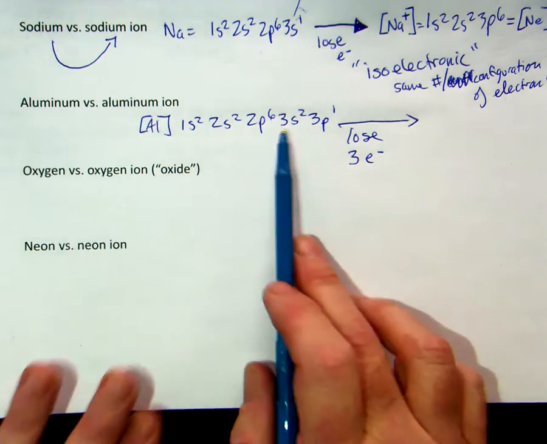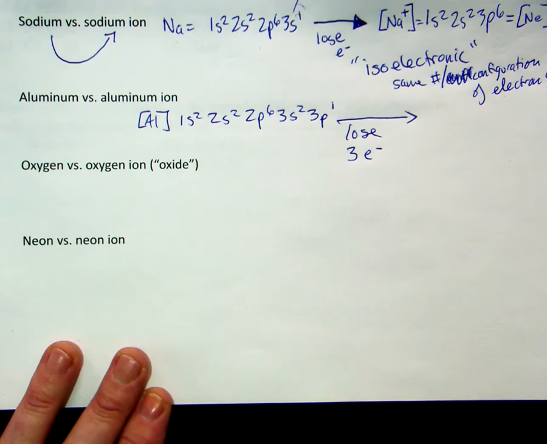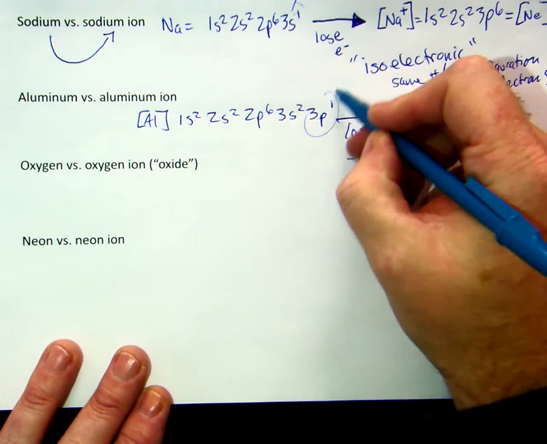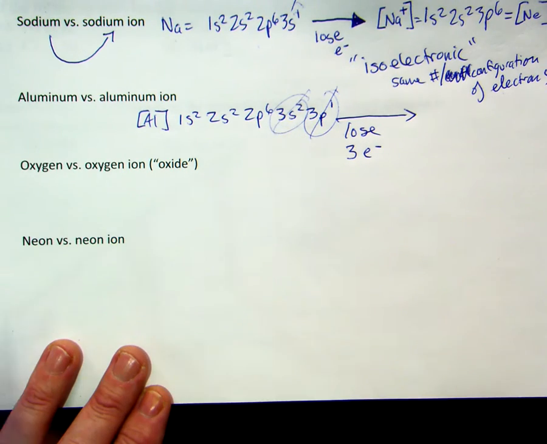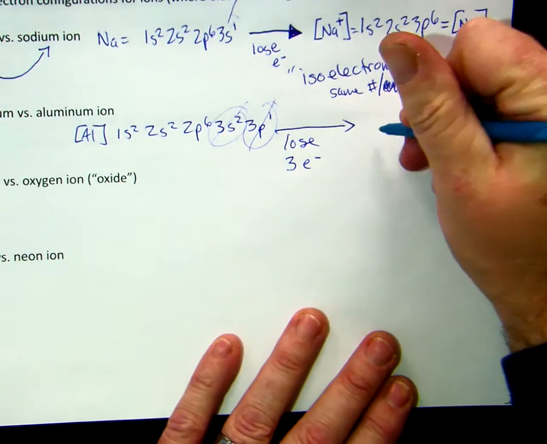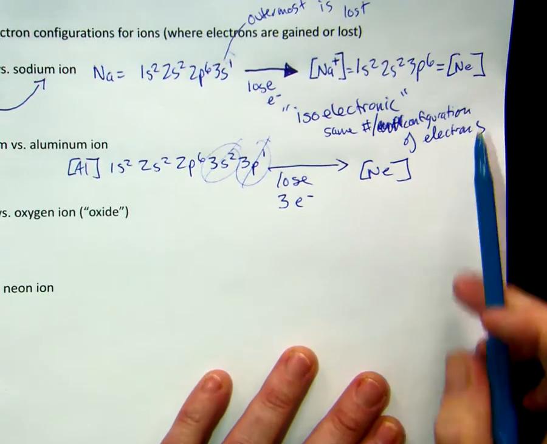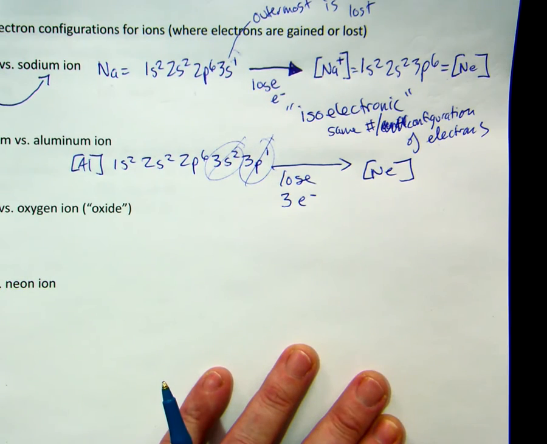So which electrons is it going to lose? Well, it needs to lose 3 of them, so it's going to lose this one, and these ones. Again, it loses the outermost electrons, the valence electrons to be specific. And then it becomes just like neon, that we have up here. Same thing. So that's nice. We can shorthand that.